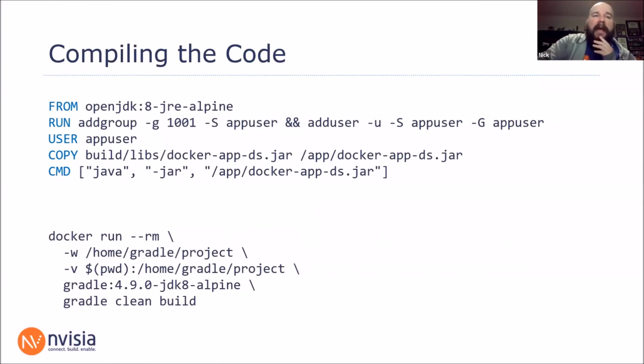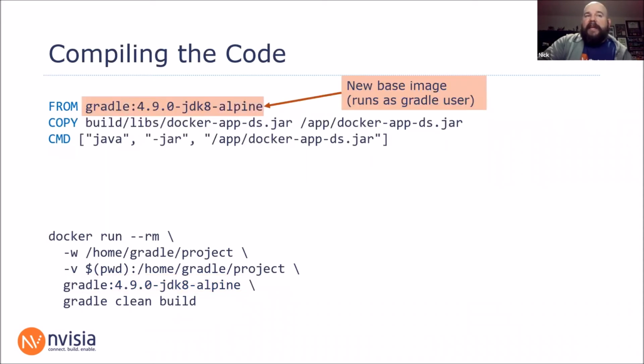So how do we add in our compiling of the jar to our runtime? First thing we're going to do is start by getting a new image. Our base image here is going to switch from OpenJDK 8 to Gradle. And again, it's got to be a full JDK because we need to actually compile the code. You'll notice that we got rid of the user group for security.